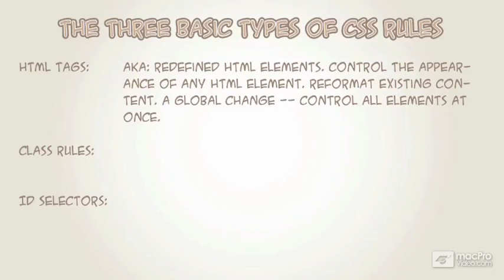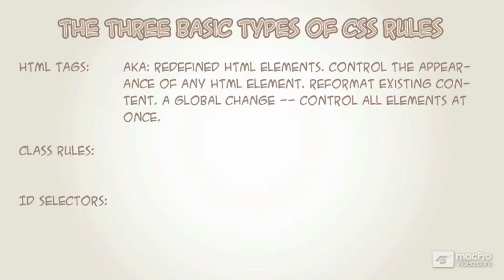If I wanted to redefine an HTML element, all I need to do is figure out what that element is, and then I can control it using CSS. And in fact, I have that right in here. Control the appearance of any HTML element. So any aspect of HTML can be placed under the control of a CSS rule, which is extremely awesome, right?